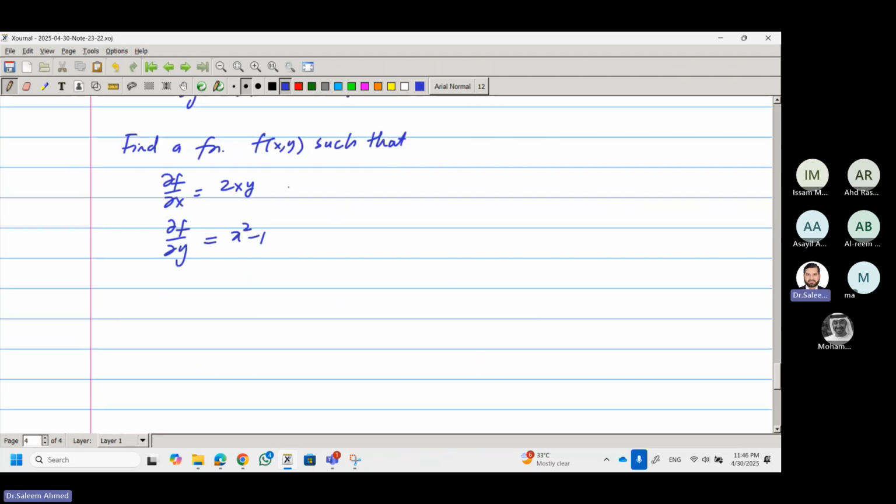Okay, so I will integrate this first equation with respect to x, because the derivative is with respect to x here. So f is equal to the integral with respect to x, so 2 and y are constant. So x will become x squared by 2 plus a function of y.